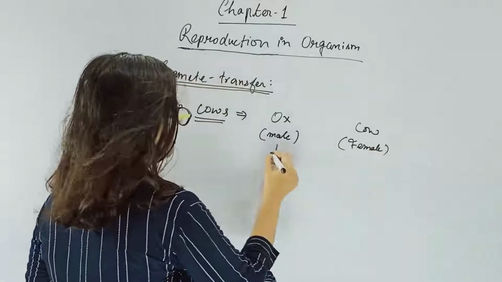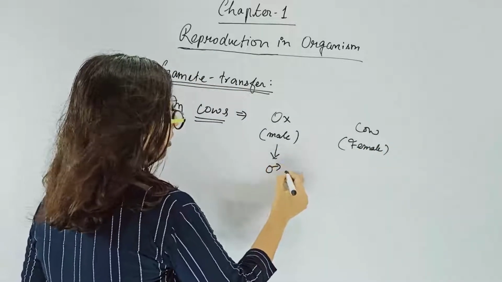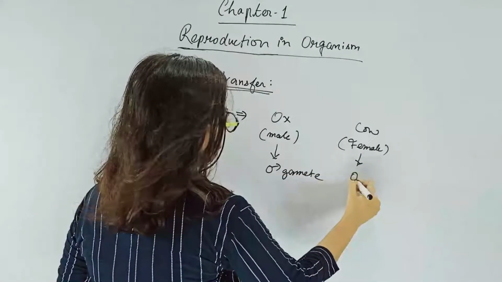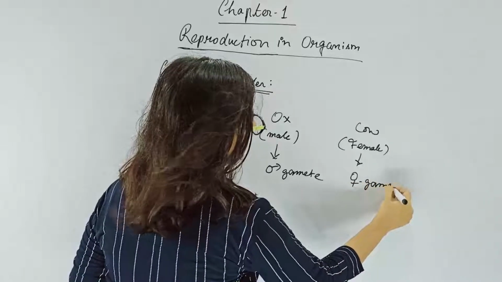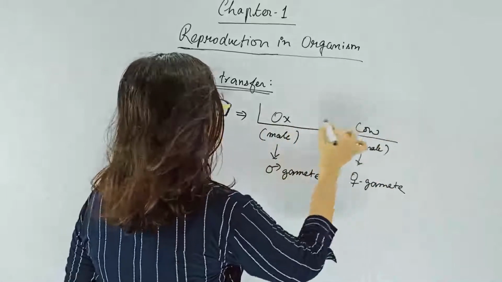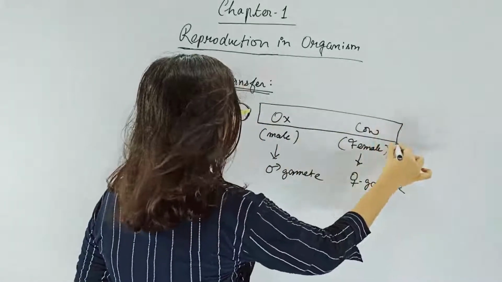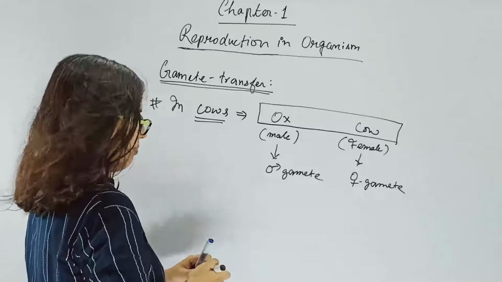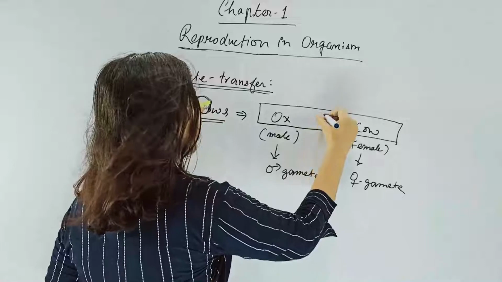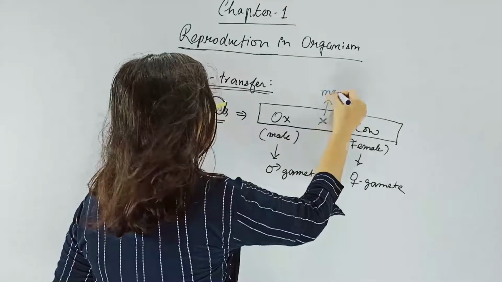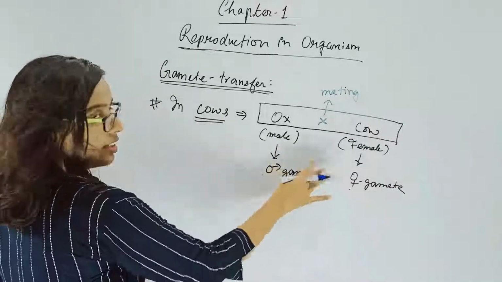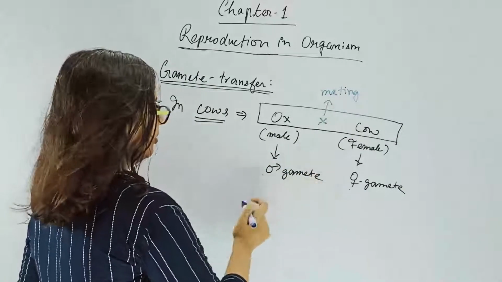Both these will produce two different types of gametes. Here will be the female gamete. So in case of cow, there is a cross that happens between these two. A cross or mating has to happen in order for these gametes to be brought together.